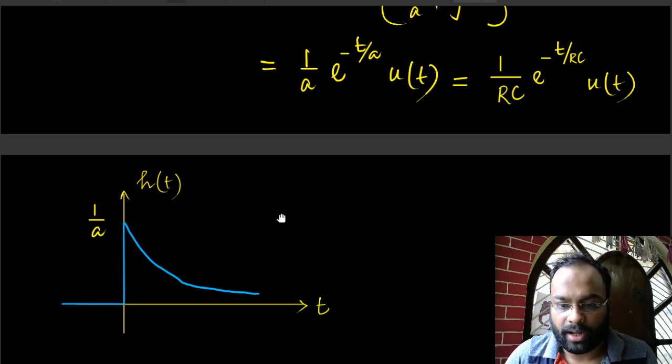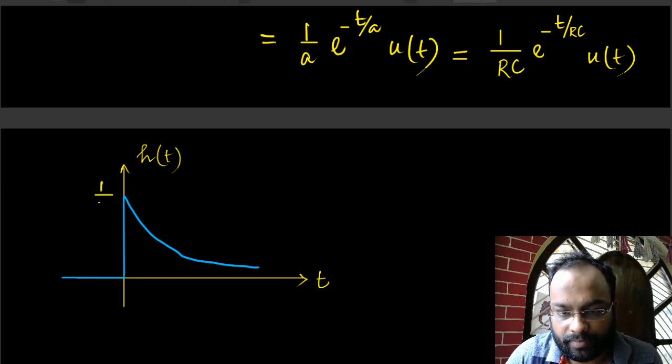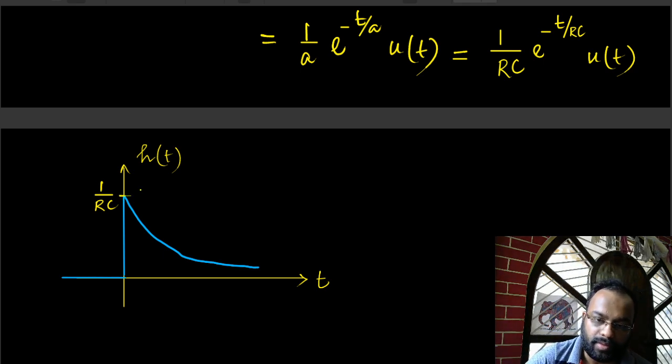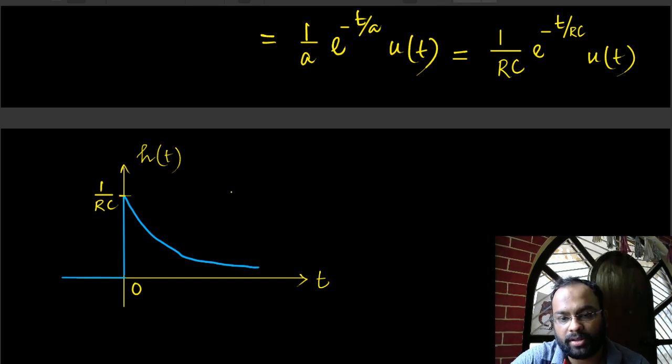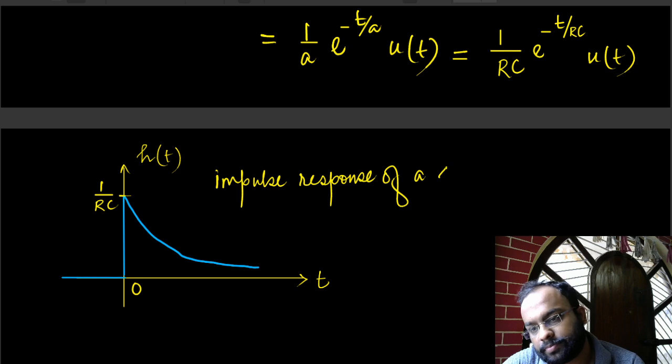So instead of writing 1 by A, let's write 1 by RC. So this amplitude is 1 by RC, and gradually it decays. That's the impulse response of a series RC circuit.